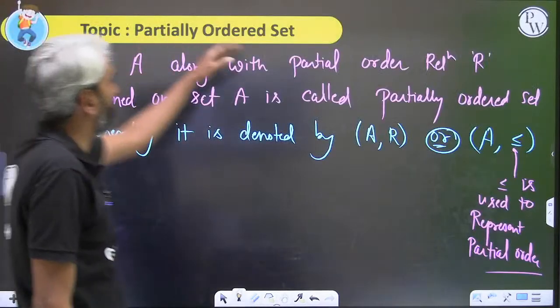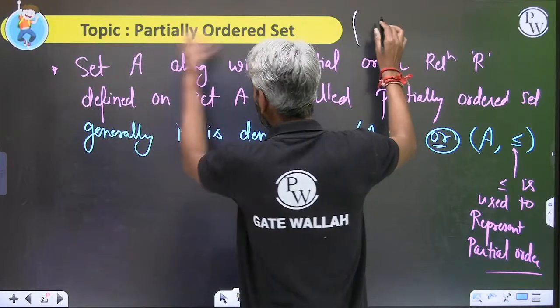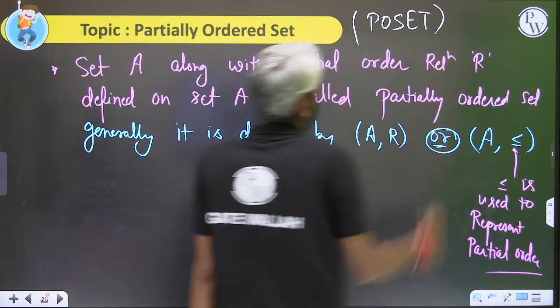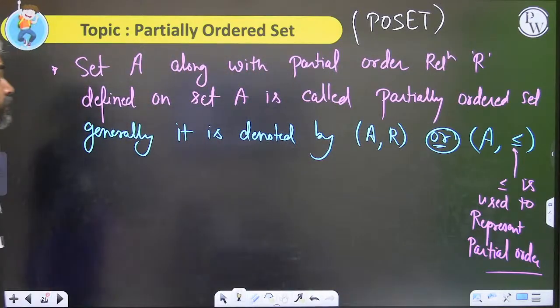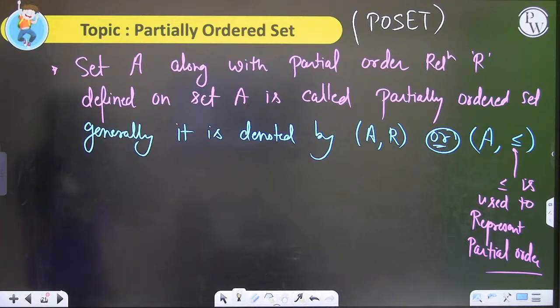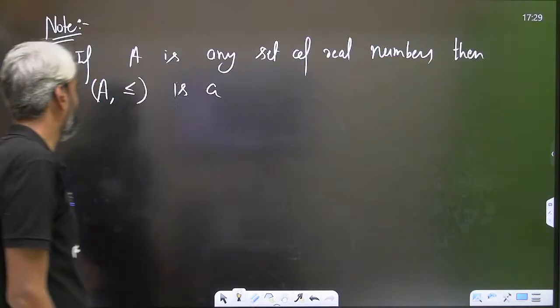Sir, how do we denote a partially ordered set? Rather than writing partially ordered set, I'll write it as poset. It is a very well-known term in GATE questions also.